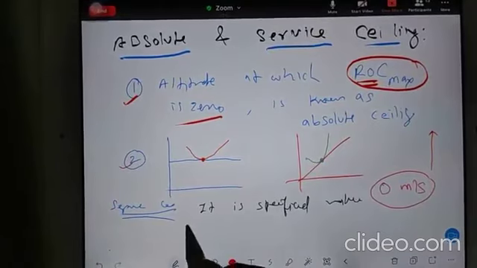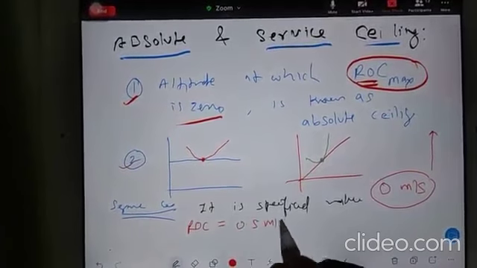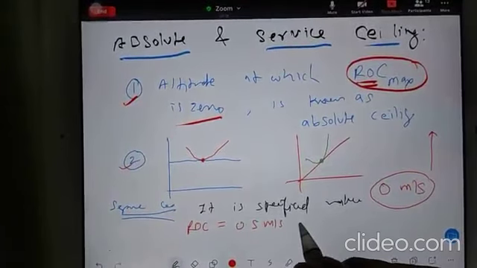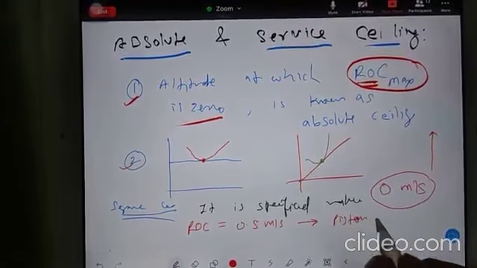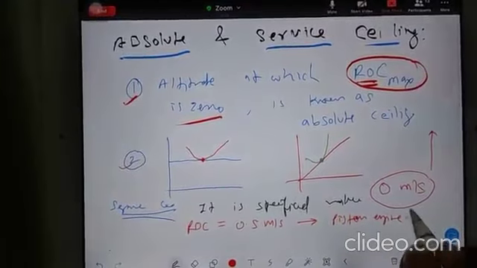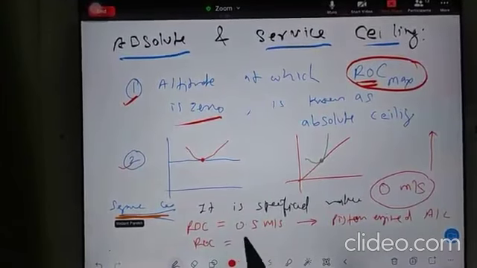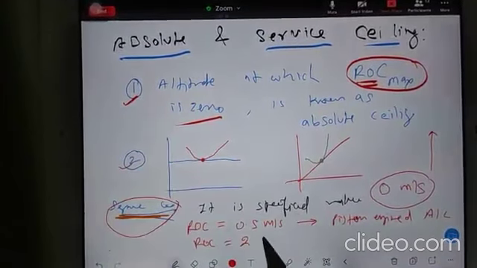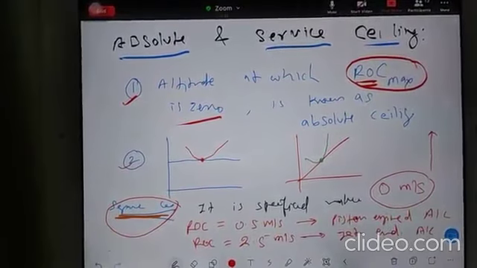At that value, your ROC will be 0.5 meter per second for piston engine aircraft, and your ROC at service ceiling will be 2.5 meter per second for jet engine aircraft.